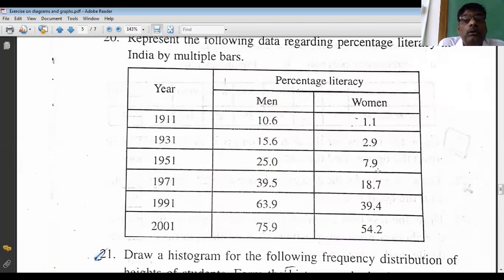I will show both types of examples. Two sets, men as one set and women as another set, is one type of multiple bar diagram. Another type is where the set of statistical data is made on the basis of years. You see the diagram here.